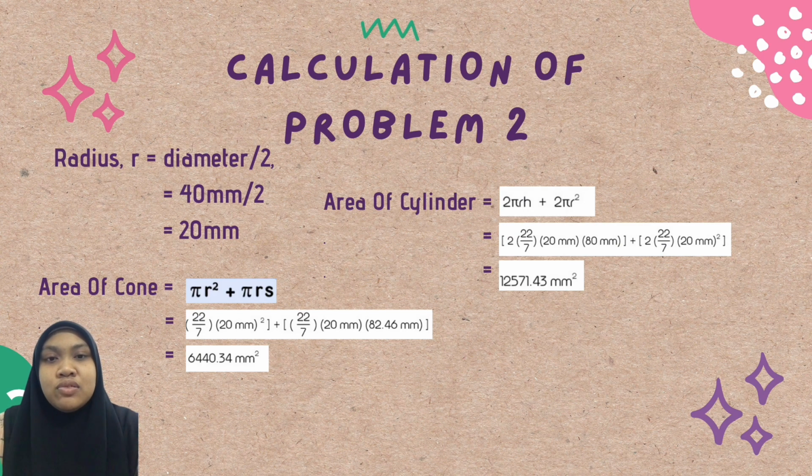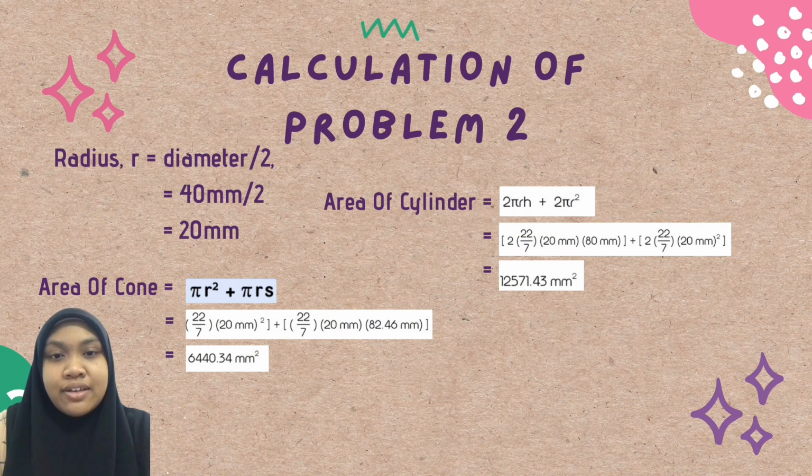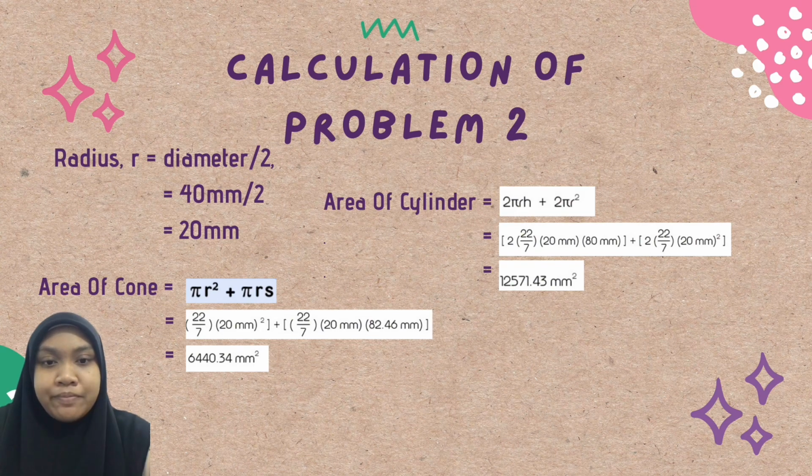As we can see, we must find the radius of the cone and the cylinder. The formula of radius is diameter divided by 2. Diameter of a cone and cylinder is 40 mm, divided by 2 is equal to 20 mm. Then we must find the area of cone. The formula for area of cone is pi r squared plus pi r s.